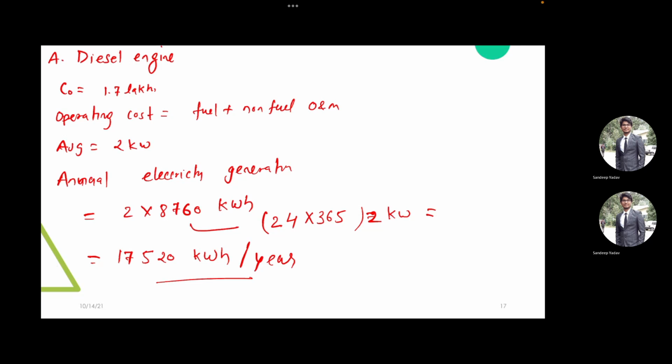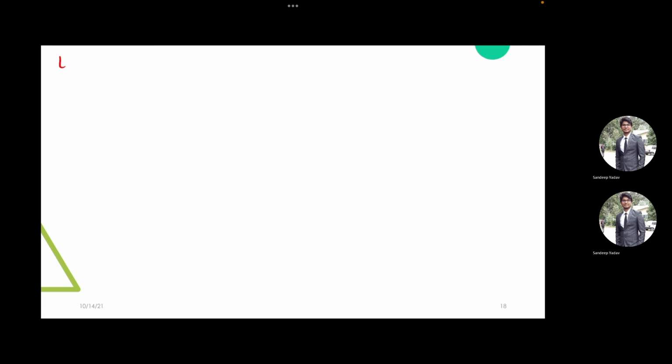So energy input that we have to give, that is 17,520 into 3600 kilojoule. If you convert it into the kilojoule, it will come as 63.1 gigajoule.